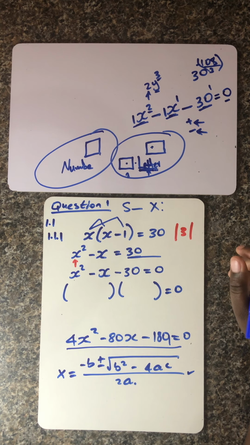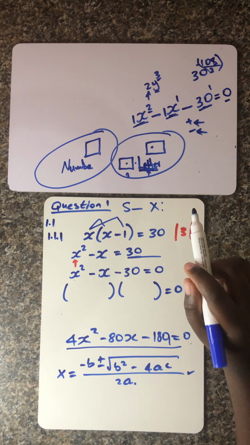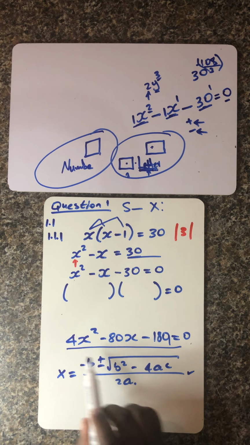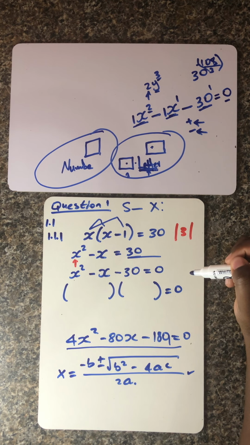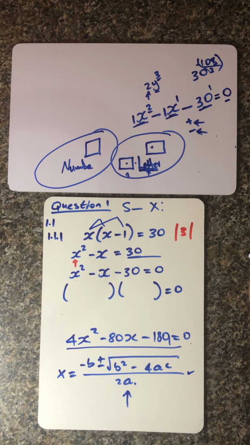Obviously, if you made a mistake, ladies and gentlemen, and this equation is not possible to factorize using your head, then you're going to spend about 10 minutes trying to come up with the correct factors, and it wastes a lot of your time. That's why in my case I just straight away use this formula. Once I use this formula to get the factors, then I can simply write those factors in these brackets.